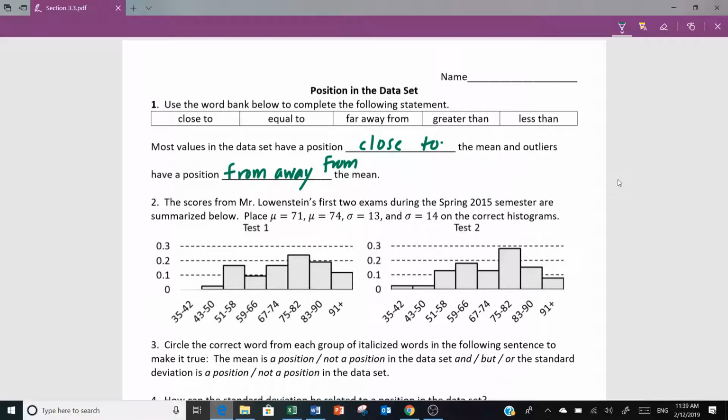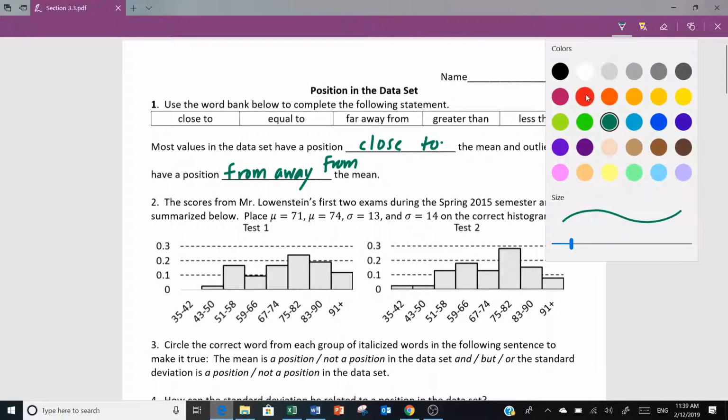Okay, let's discuss. Let's start with the standard deviation. What does it mean when you have a smaller standard deviation? The data is closer. Which one has a closer test score? Is it test 1 or test 2? Test 1. So test 1 is going to have the smaller standard deviation. So this one has to be sigma equals 13.